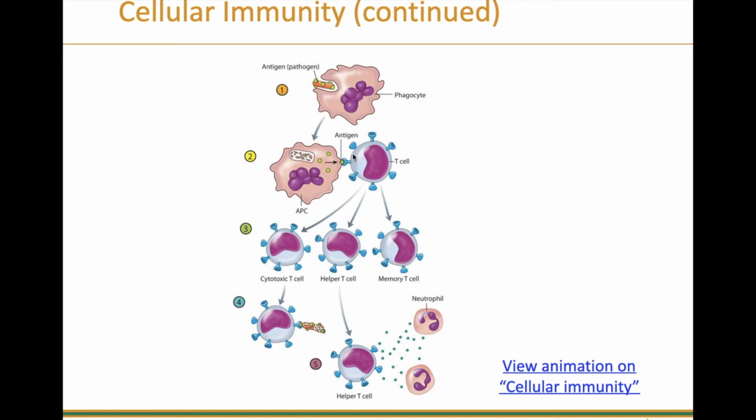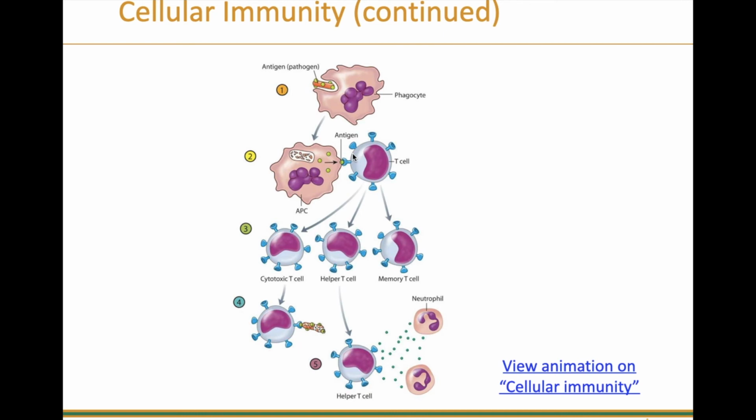Alright, so the immune process begins when a phagocyte, such as a macrophage, ingests an antigen. In this case, it's a bacteria. Then now this phagocyte is called an antigen-presenting cell, so it's going to go to the lymphatic system, probably to a lymph node, and it's going to take those antigens there, and then when the T cell that's specific for that antigen binds to it, it becomes activated or sensitized. Then it starts to divide, and it's going to form clones of itself.